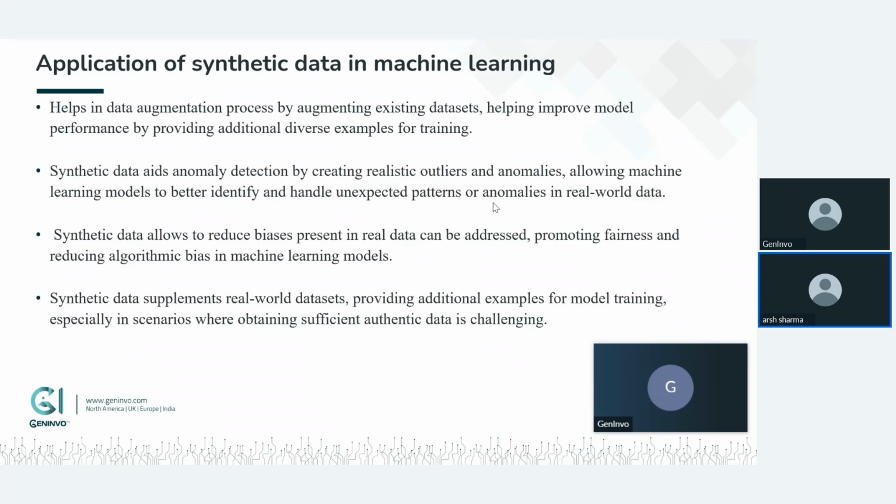Next is application of synthetic data in machine learning. It helps in the data augmentation process by augmenting existing datasets, helping improve model performance by providing additional diverse examples for training. Synthetic data aids anomaly detection by creating realistic outliers and anomalies, allowing machine learning models to better identify and handle unexpected patterns or anomalies in real world data. What does this statement mean?